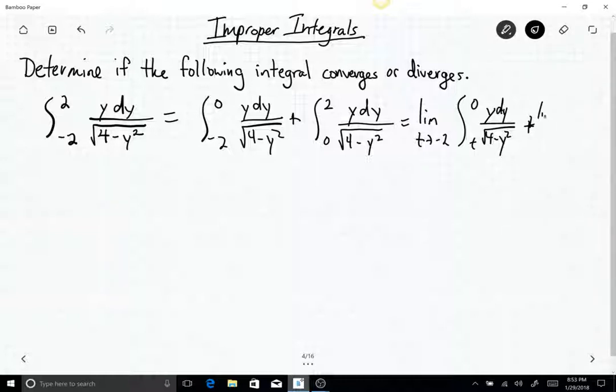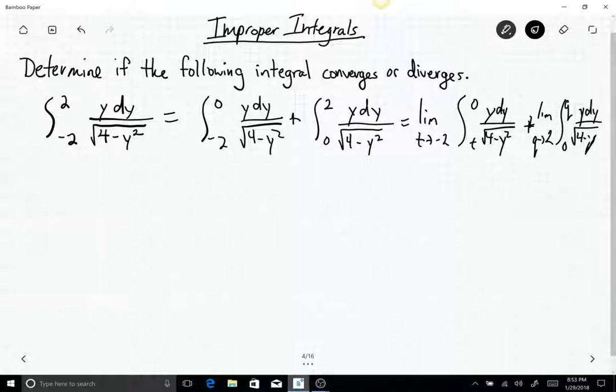And you can pick your favorite letter. The limit as q approaches 2, and then we'll go from 0 to q of y dy over the square root of 4 minus y squared. And that's a y squared too, by the way.